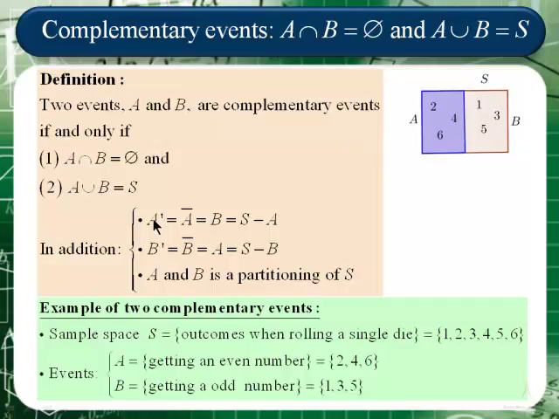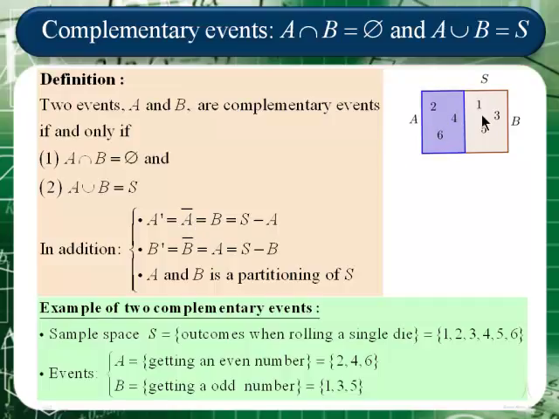In addition, the complement of A. Now the complement of A is all the outcomes not belonging to A, right? So in other words, all the outcomes outside A. We either can use this accent or put a little bar on top of the event A.